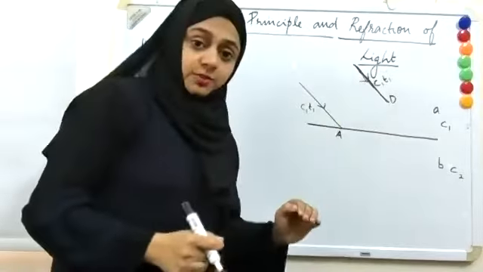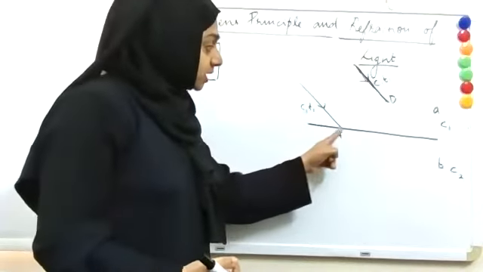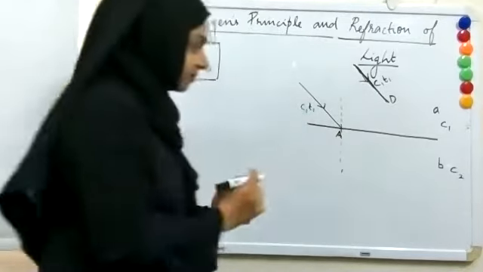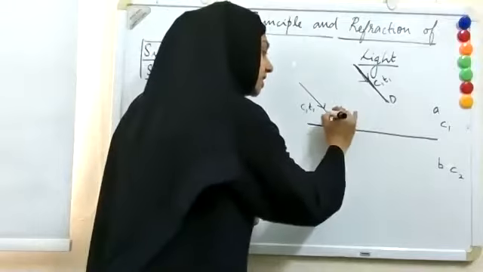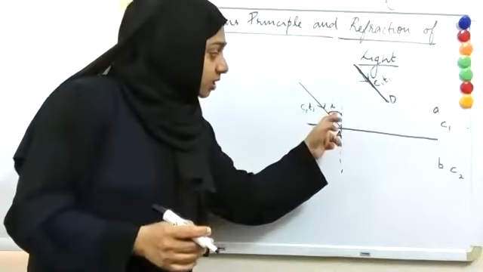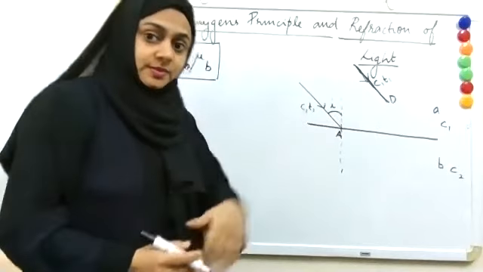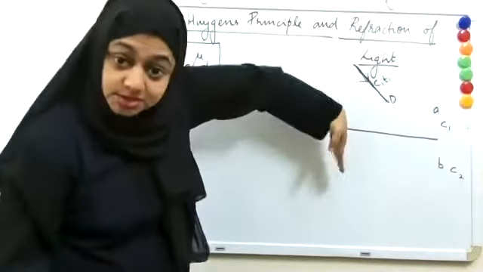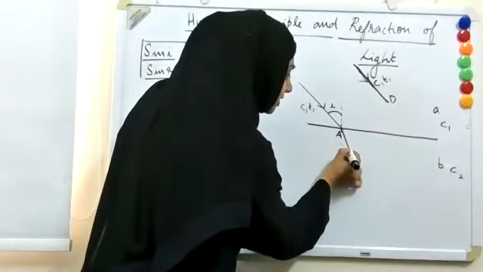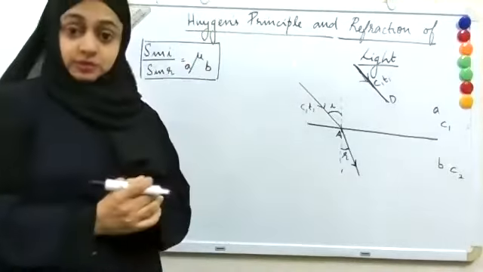Now after time T1, let us consider another time interval T2. In T2, the light that has reached A will move to the second medium. This is denser. If this angle is I, what about the angle of refraction? Will it be equal, greater or less? Less. It will bend towards the normal because this is a denser medium. So it will travel like that with R less than I. So this is the refracted ray.